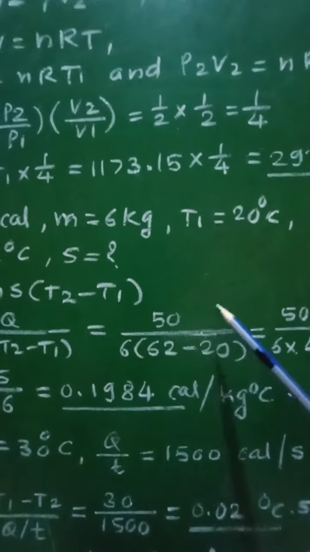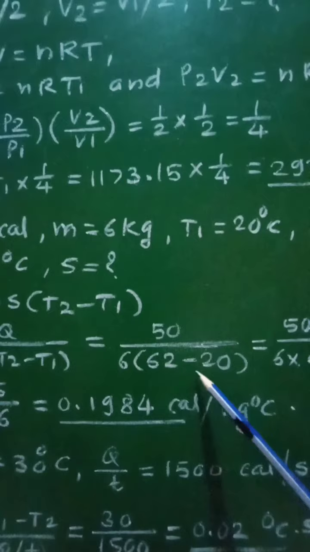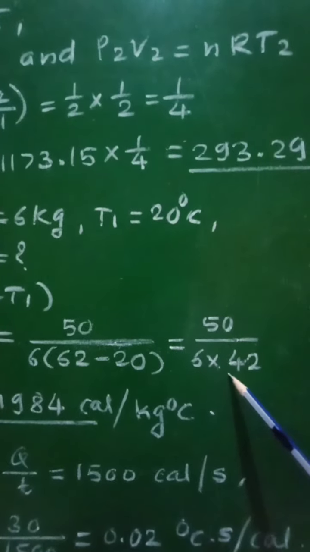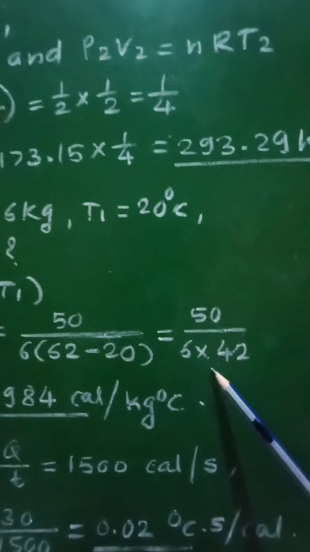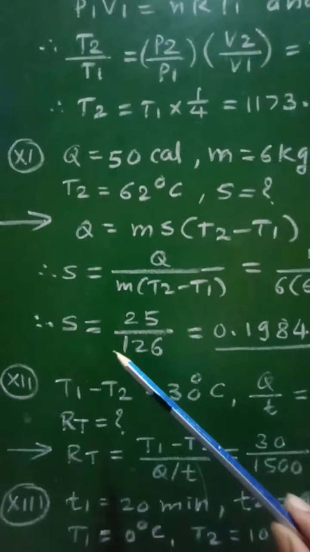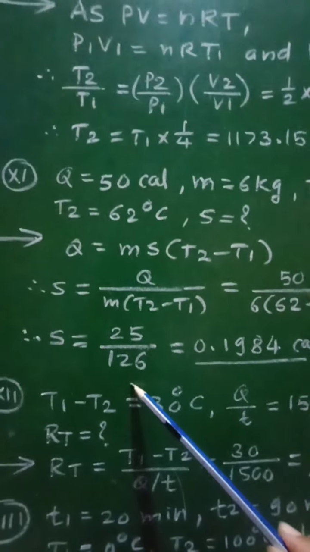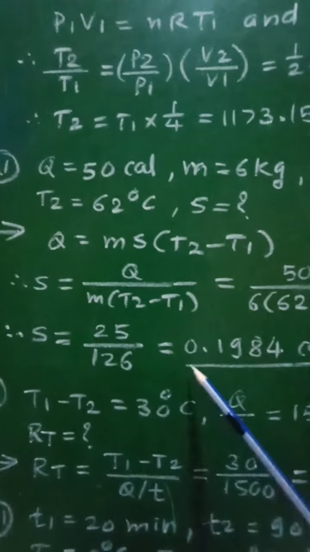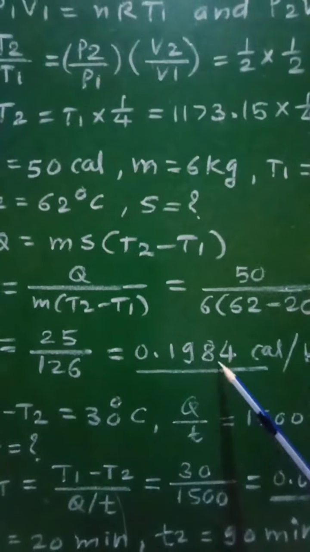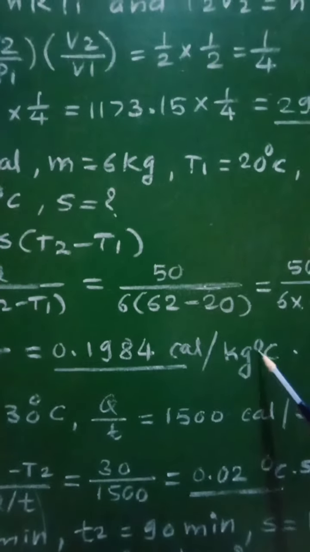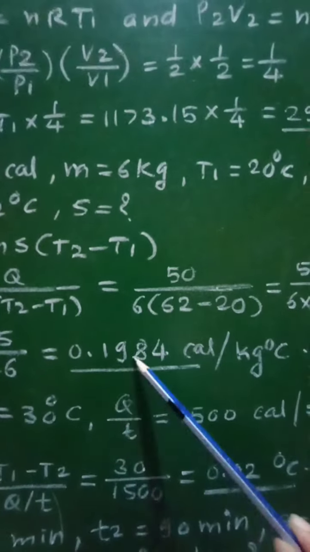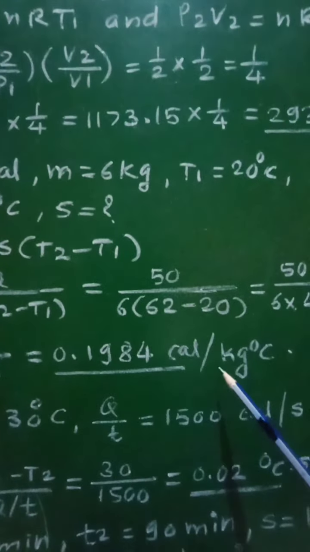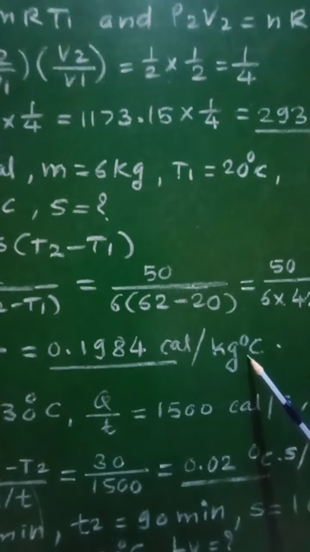Putting the values, we will get 50 upon 6 into 62 minus 20, which comes out to be 50 upon 6 into 42, and therefore S will be equal to 25 upon 126, which comes out to be 0.1984 calorie per kilogram per degree Celsius. So this will be the specific heat, that is 0.1984 calorie per kilogram per degree Celsius.